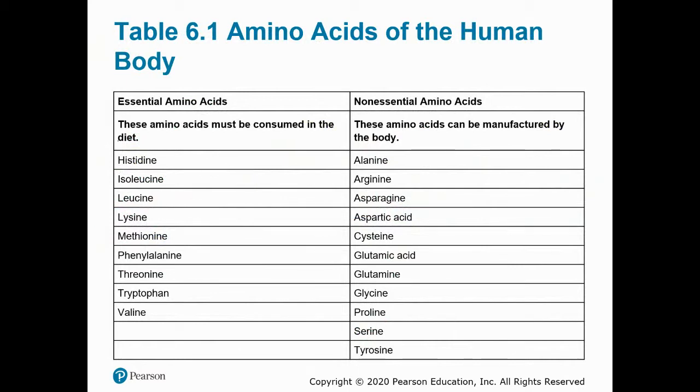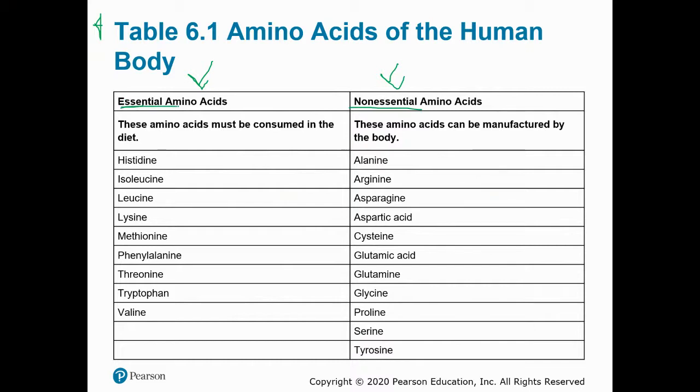I'm not going to test you on the individual amino acids. I'm going to be honest with you, I don't even have them all memorized myself. But if you're interested, you can take a look at the essential amino acids and the non-essential amino acids. All that I want you to do is be able to define non-essential and define essential. So know what differentiates the two.